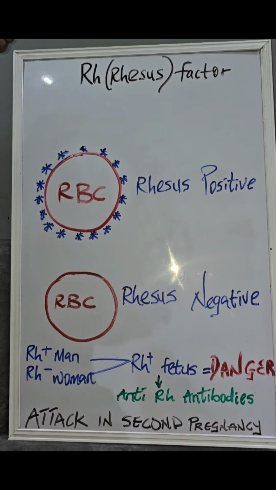So the presence of this protein on the surface of the red blood cell means the person is Rhesus positive.